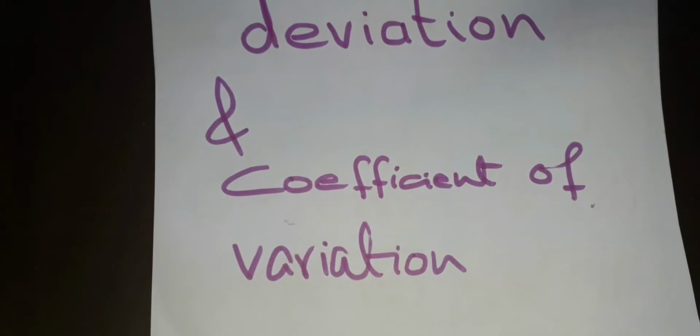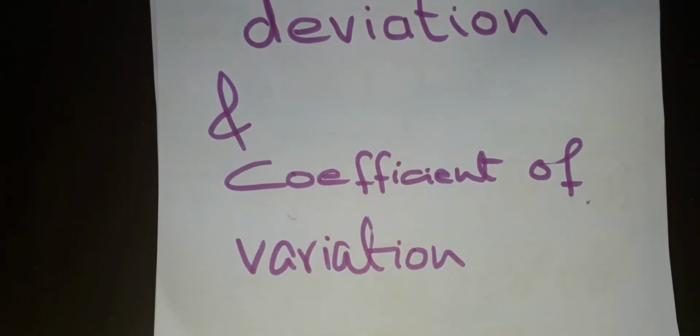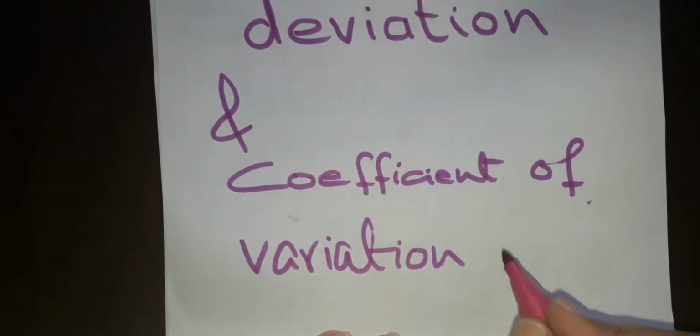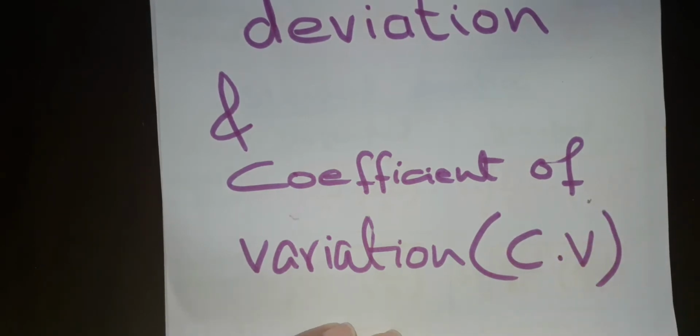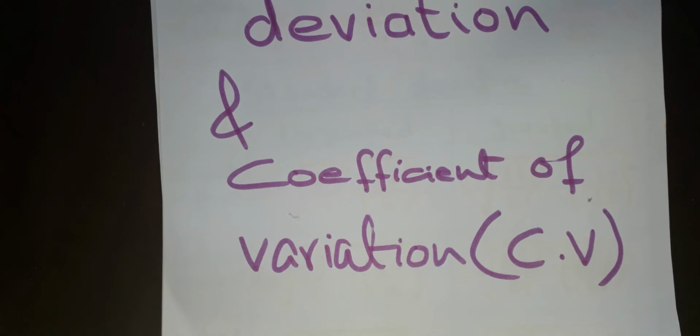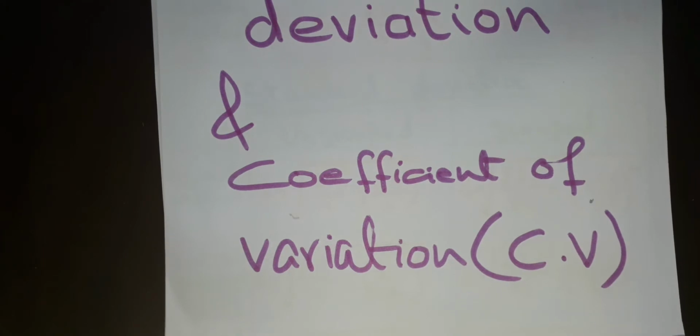You know, coefficient of variation is the most important topic, and it is also denoted by CV. This is the most important topic from the paper point of view.